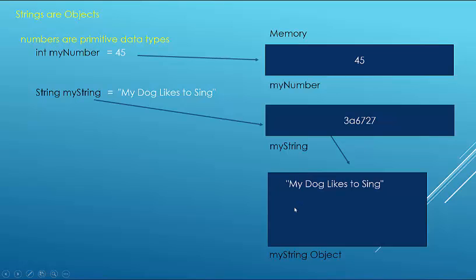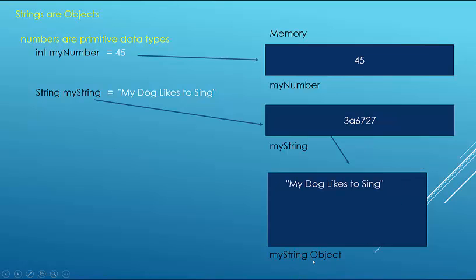Okay, I know that was a lot. So the myString variable's place in memory is not holding "my dog likes to sing." It's actually holding the memory address of where this object resides.